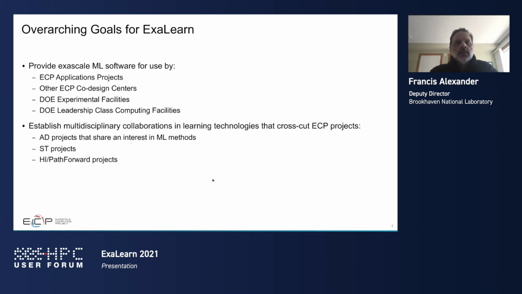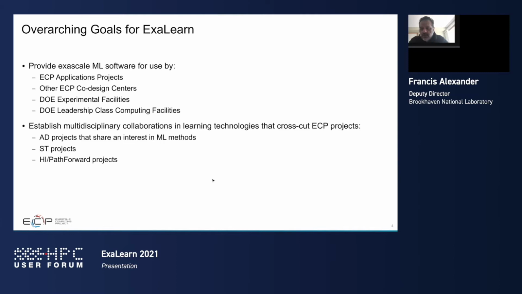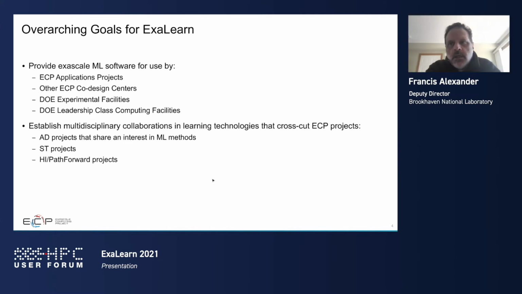Okay. So first of all, the overarching goals for ExaLearn are to provide exascale machine learning software for use by the other ECP application projects, in particular the ones that I mentioned in the previous slide. Other ECP co-design centers, there are, I believe, 7 of them now, dealing with particle methods and adaptive mesh refinement, for example, and graph models and so on. And so we're working together on those.